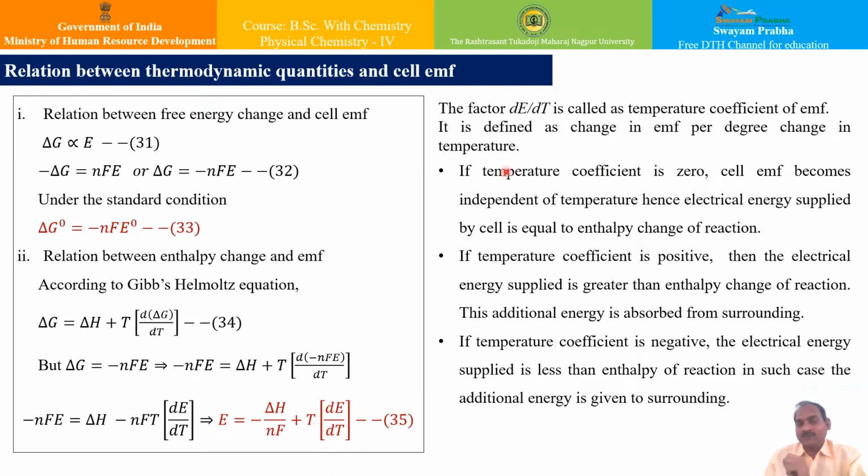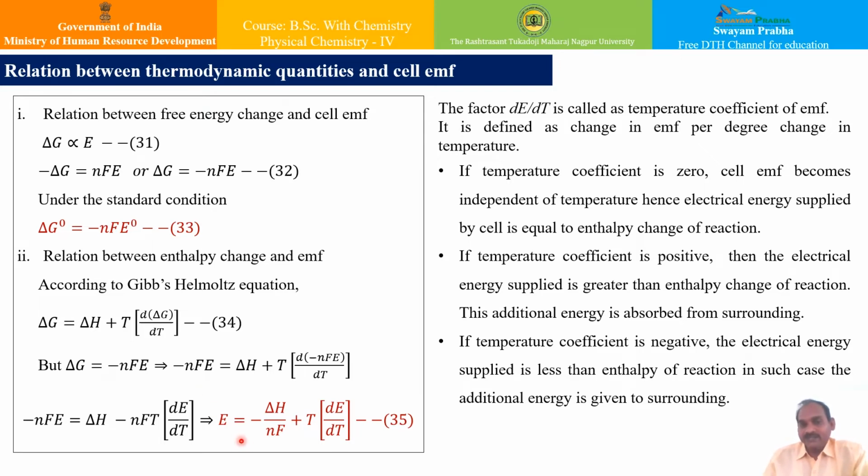If you look at equation 35, if the temperature coefficient is 0, then the cell EMF becomes independent of temperature, and hence the electrical energy supplied by the cell is equal to the enthalpy change in the reaction.